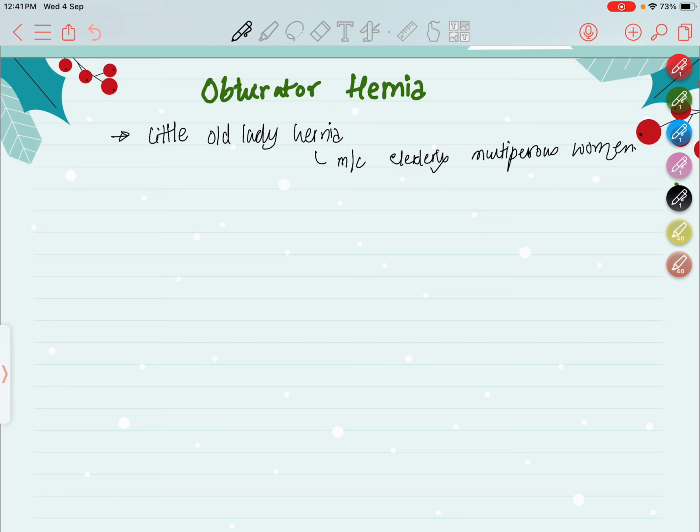Clinical features are pain and bowel obstruction.